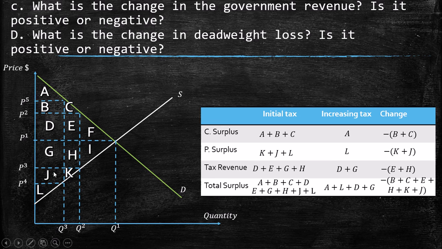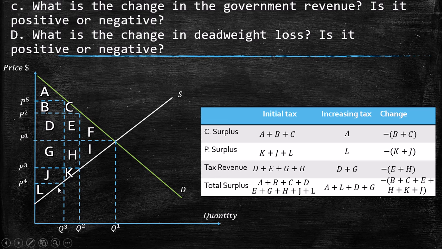It will depend. Why? Because this is going to be negative because they will lose E and H because of the change in the tax. But in compensation for this loss, they will receive B and J. So it depends. And what is the change in deadweight loss? Is it positive or negative? Definitely it's going to be higher.